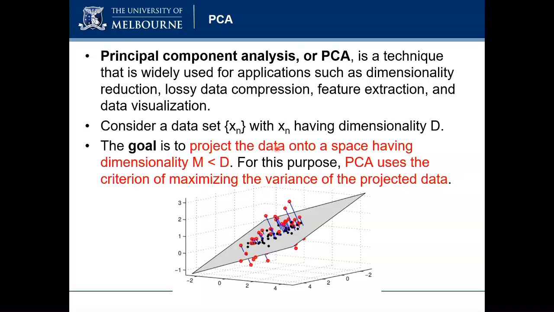And how am I going to do that? As you can imagine, there may be many, many ways of doing this. How am I going to choose that mapping? Is it going to be a linear mapping or nonlinear mapping, first of all? And if it's going to be a linear mapping, what type of matrix am I going to use to do this mapping? If it's a nonlinear mapping, what type of nonlinear mapping am I going to use, right?